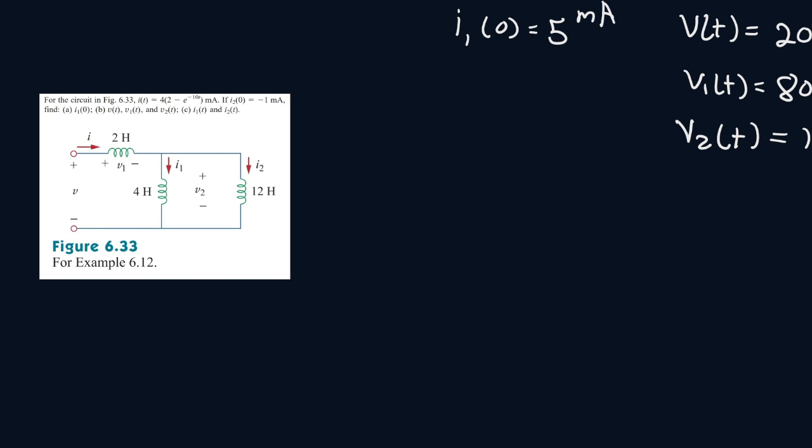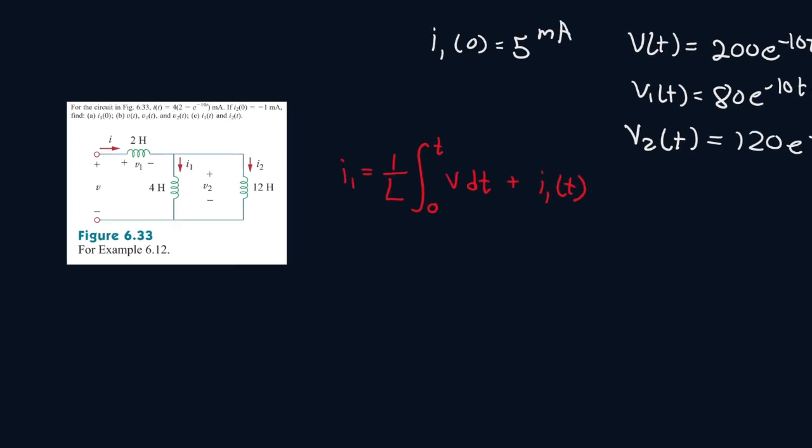To find the current passing through an inductor, like I1 here, it's going to be equal to 1 over the inductance times the integral from 0 to t of the voltage dt, plus the initial current at 0, okay? And some equations just put it as t here, but this is pretty much the equation.